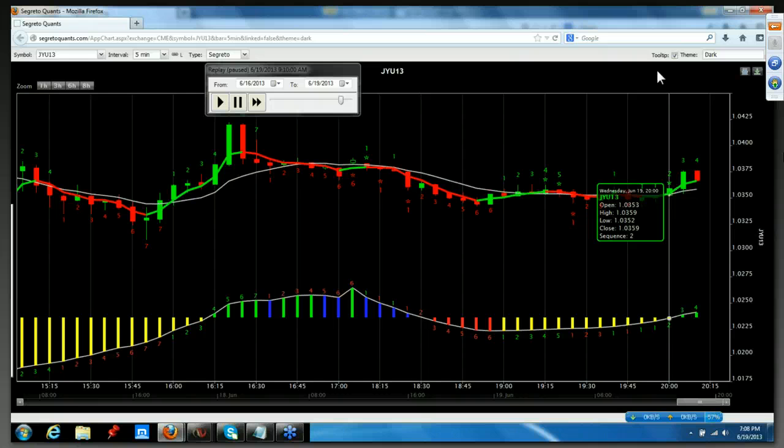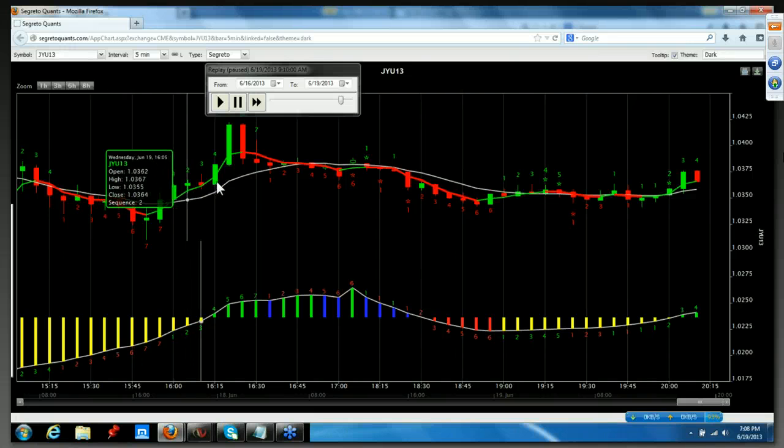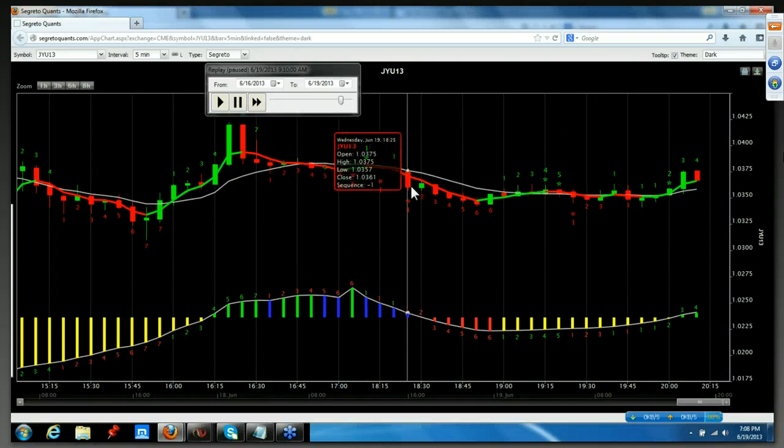Now, the way the quant works is it works in numerical sequence. The sequence starts at 1, sometimes it starts at 0, but most of the time it starts at 1, and it can go as high as 8. I even saw a 9 earlier today, and then it starts over. So if you look over here, you've got 1 through 7, and then it starts over.